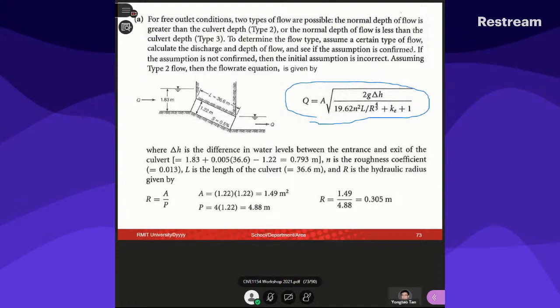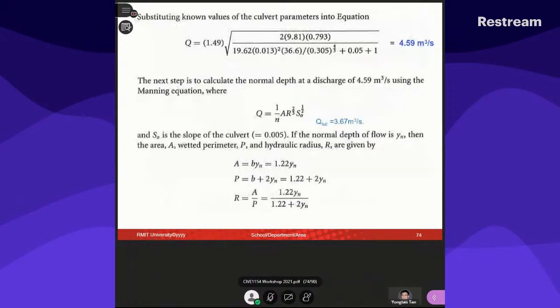In this question, the hydraulic radius is 0.305 meter. Then we use the equation to find the flow rate as 4.59 cubic meters per second.